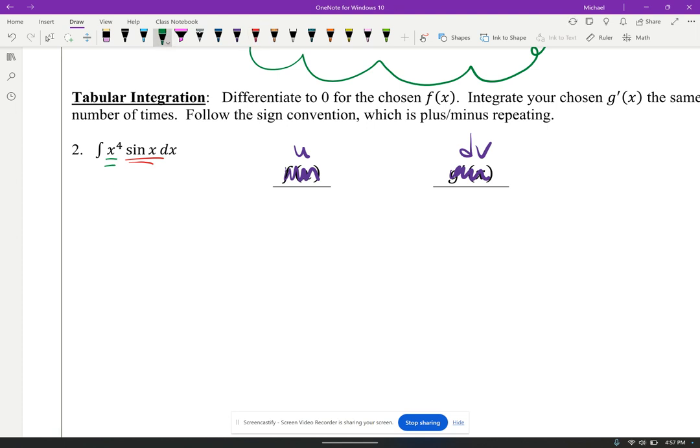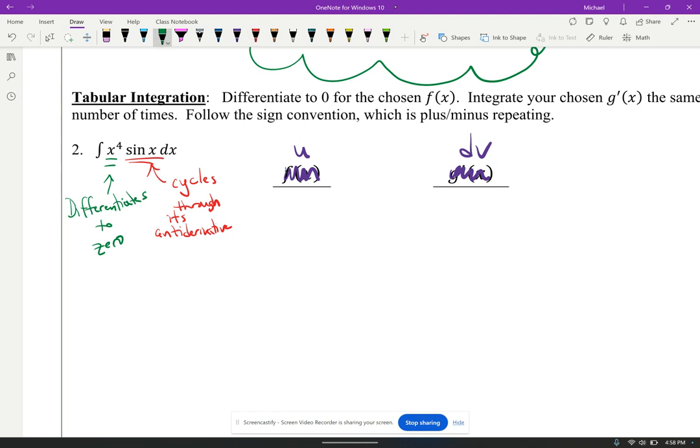So I need one function that differentiates to 0, and I need another function that cycles through its antiderivatives. That's how I'm going to use this shortcut, because the cycling will keep me coming back over and over again. So here's how we're going to do it.